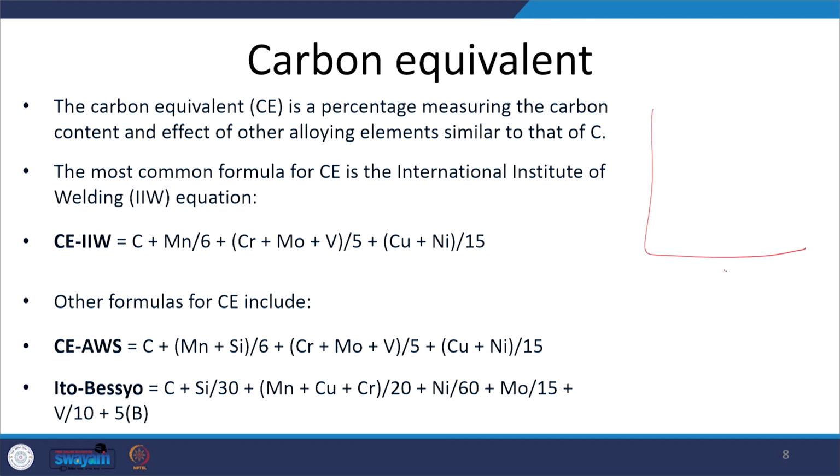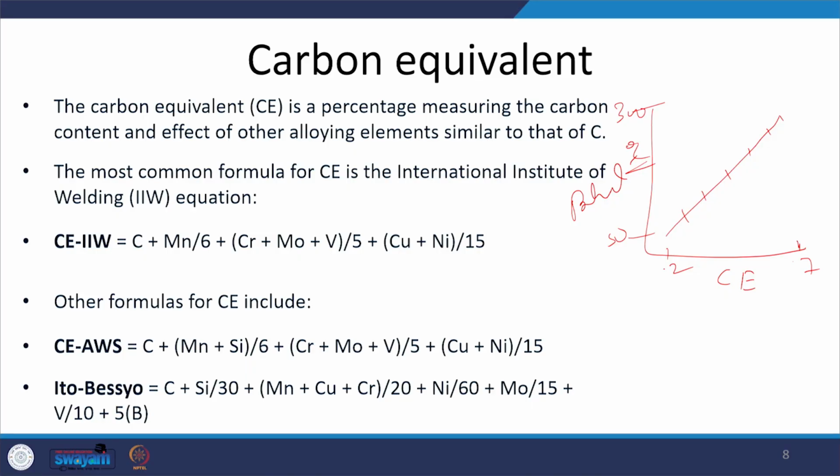So, there are certain equations with carbon equivalent on the x axis and preheat temperature on the y axis. Increasing carbon equivalent, 0.2 to 0.7, means increasing degree of preheat, like 50 to 300 degrees centigrade. And you know it is not easy to work with carbon steel which is preheated to 200 or 300 degrees centigrade, because handling of the welding of preheated steel is difficult, and it also requires a lot of resources.